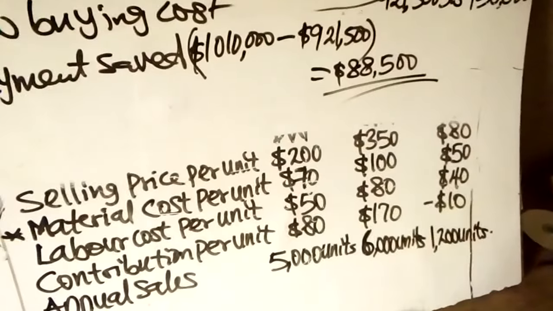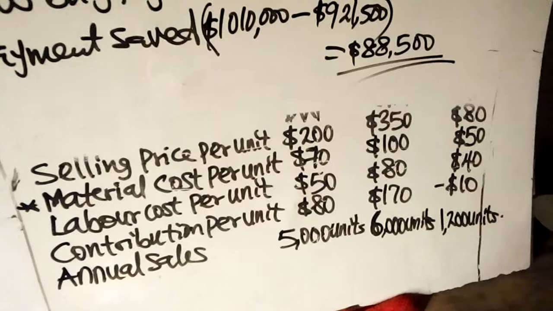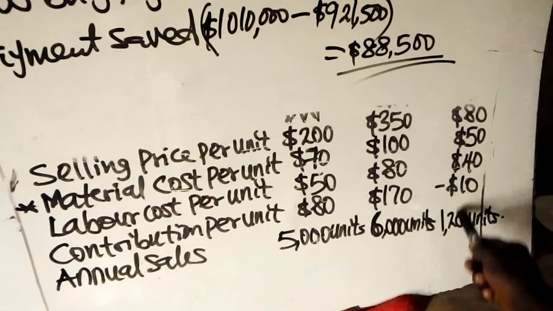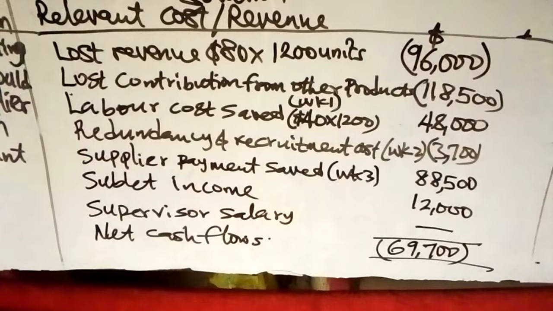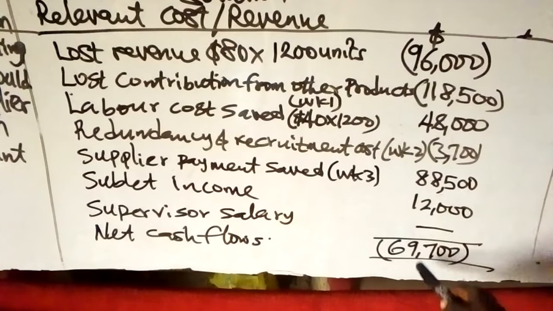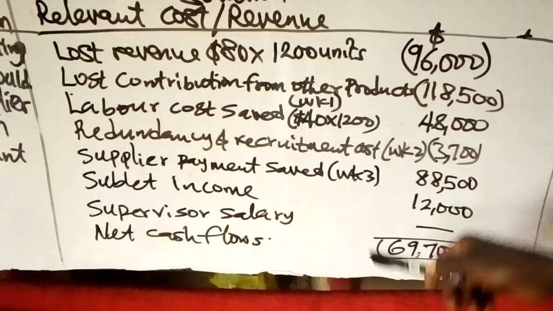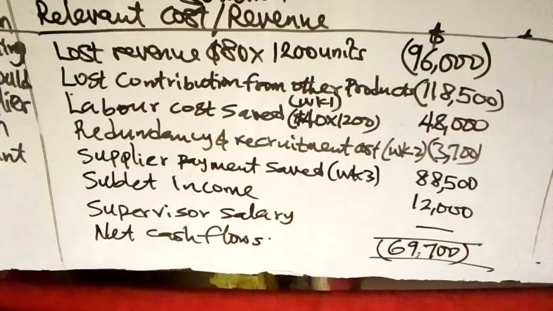But if you wait till the end of 12 months before you cease TD, you will lose a contribution of $10 per unit. $10 times 1,200 will be 12,000 naira. So now what will be your decision? If you cease TD now, you will lose more. 69,700 will be lost against 12,000 that will be lost if you cease TD in 12 months' time. That means it is not financially worthwhile to cease TD now.